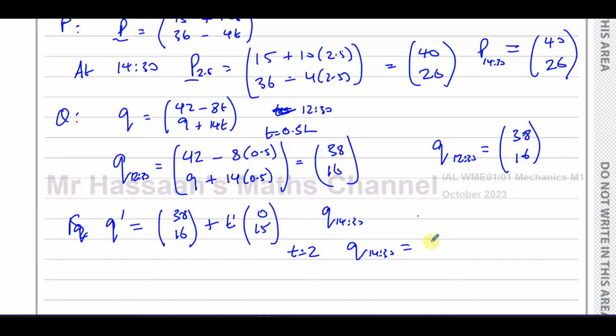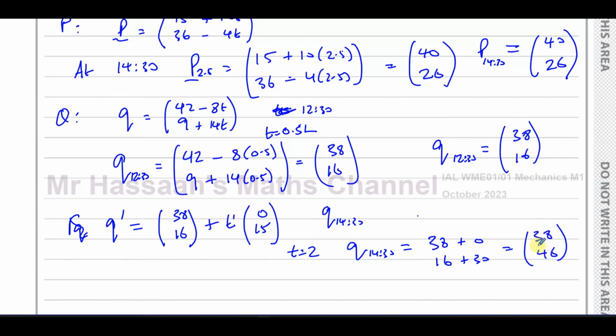So we have 38 plus 2 times 0, which is 0, and 16 plus 2 times 15, which is 30. So we end up at 38 and 46. Of course, you see the I component stayed the same because it's going due north.